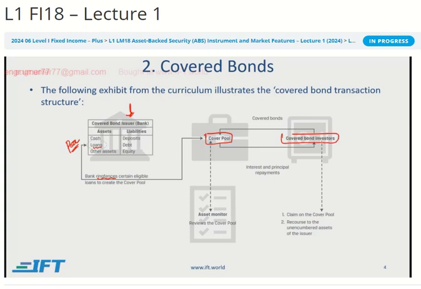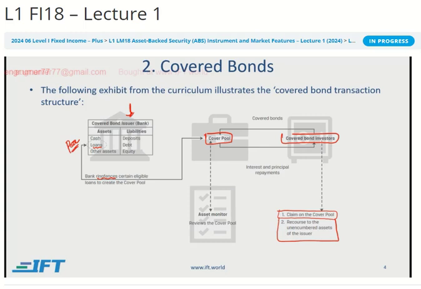And then if the bonds don't pay because the pool is not good, the investors have a claim on the cover pool, so it is backed by the cover pool. But in addition to that, they also have recourse to the unencumbered assets of the issuer.